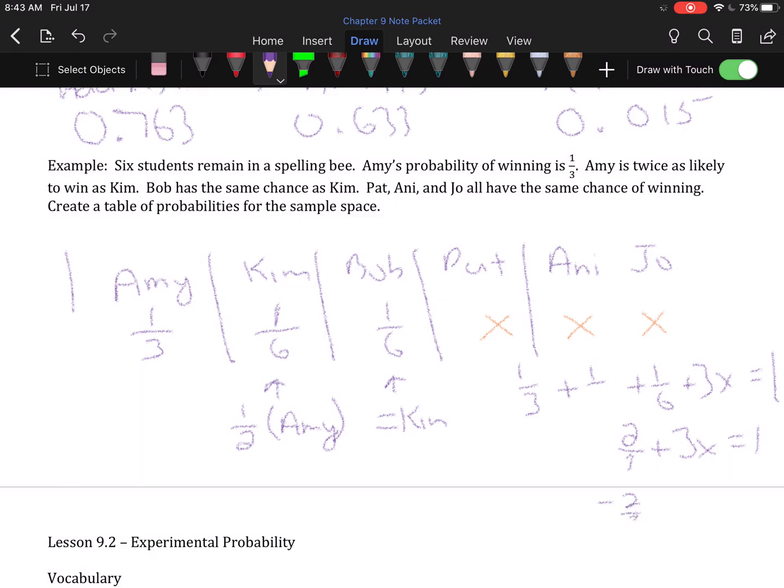We are going to subtract 2/3 from each side. That's going to get us 3x equals 1/3. 1 take away 2/3 is 1/3. Now we can divide both sides by 3. So if 3x equals 1/3, if I divide both sides by 3, x is 1/9.